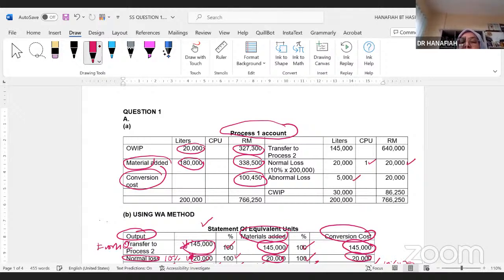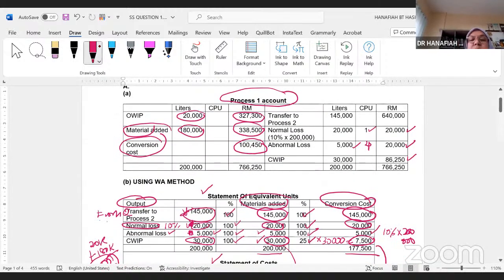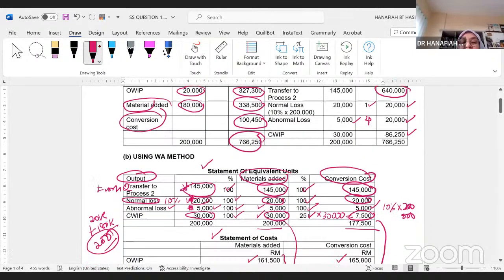Abnormal loss you charge at 4 ringgit. It is 20,000, and the closing work is 86,250. And you have 766 minus 86,250 minus 20 minus 20, then the actual amount for you to transfer to process 2 is 640.